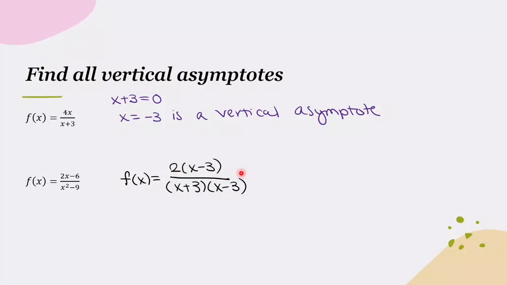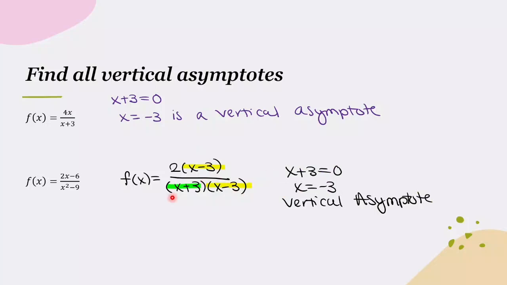And the denominator is a difference of perfect squares, x squared minus 9. That can be factored as x plus 3, x minus 3. Now notice that we have a common factor of x minus 3. If you have a common factor, something that exists in both the top and the bottom, that is going to actually be a place where you have a hole in the graph or a removable discontinuity.